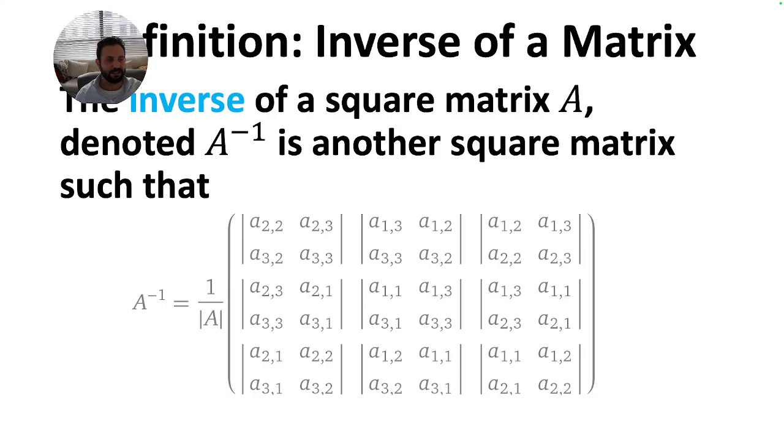For example, in the slide you are seeing how the inverse of a 3 by 3 matrix is calculated. The inverse of a 3 by 3 matrix A is calculated by creating, for each and every one of the locations, a 3 by 3 matrix. For each and every one of the locations, notice that these are just determinants of the resulting adjunct matrices.